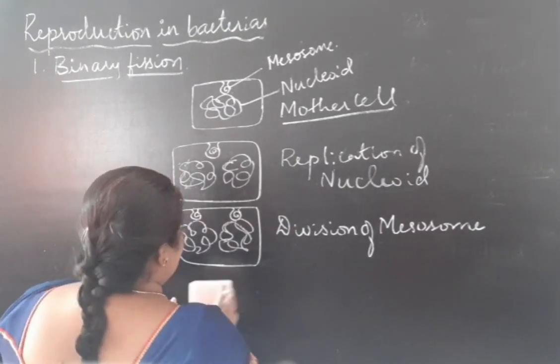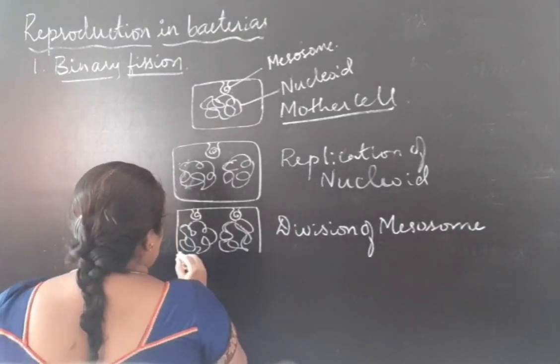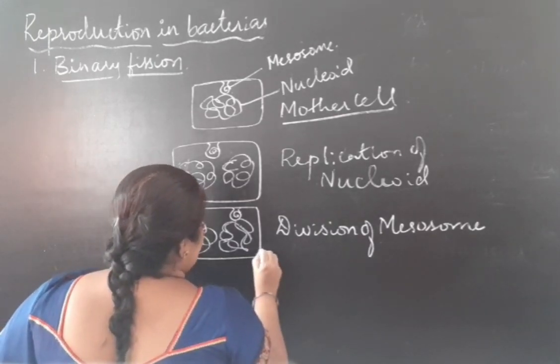Now what happens after the mesosome gets attached to the genetic material?